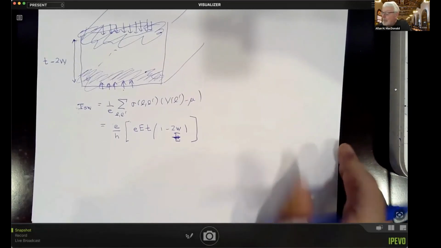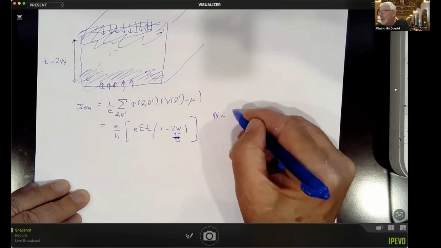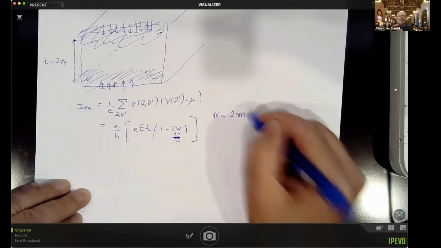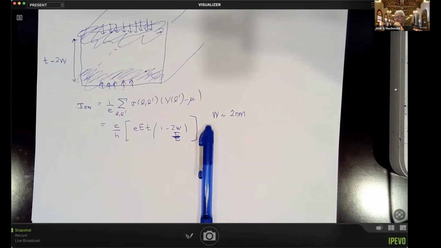In numerical calculations, it turns out that this width is typically a couple of nanometers, a couple of quintuple layers or something. So if we wanted to get this non-universal correction factor to be a part in 10 to the 6th, then we'd have to have films with a thickness of millimeters instead of nanometers.